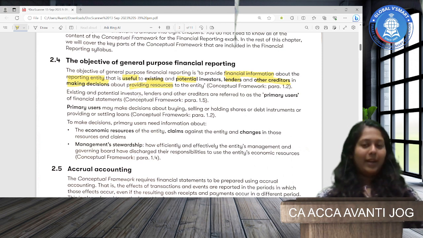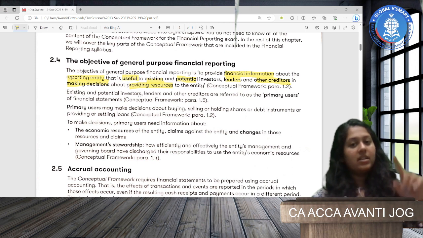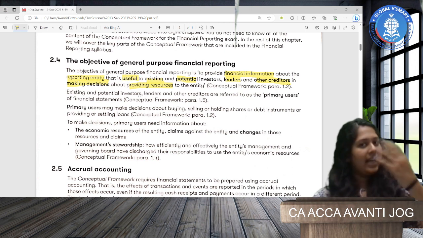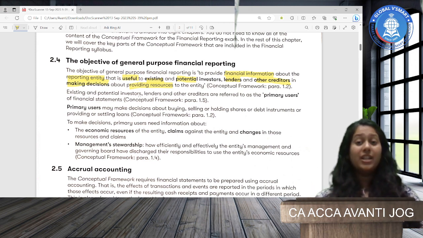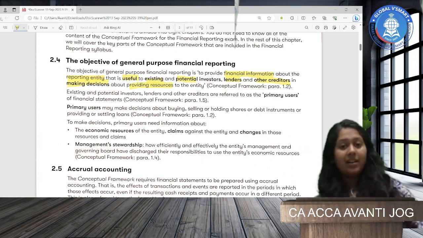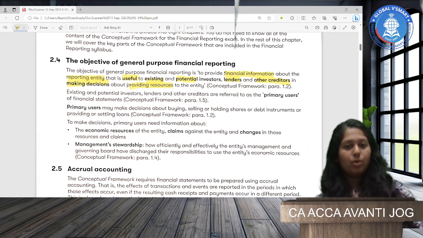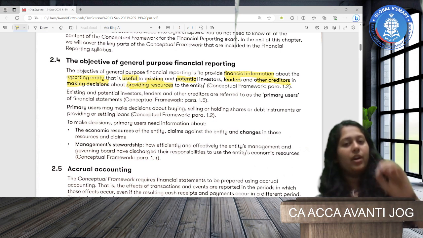Correct. Right. So these lenders, creditors, investors, existing and potential, are called primary users of the financial statements. So therefore, all of these are essentially going to make sure that they can decide through the financial statements whether they can provide resources to your company.